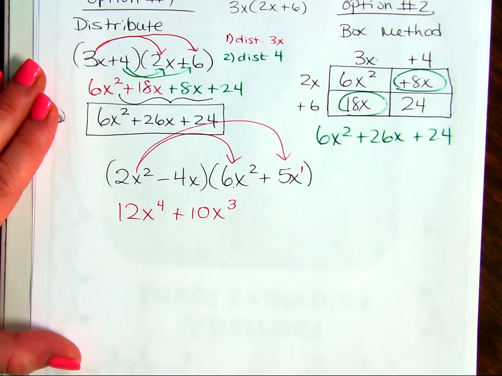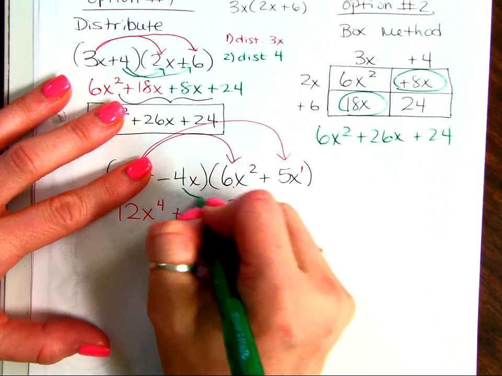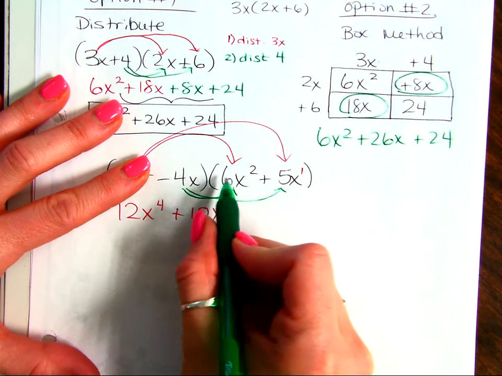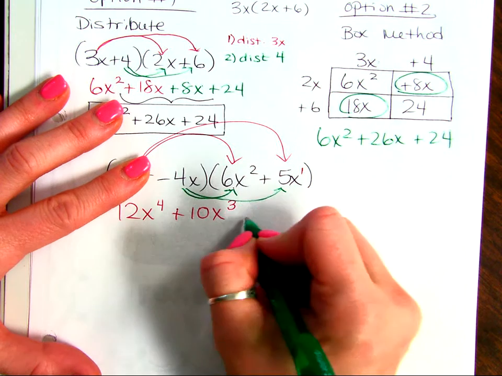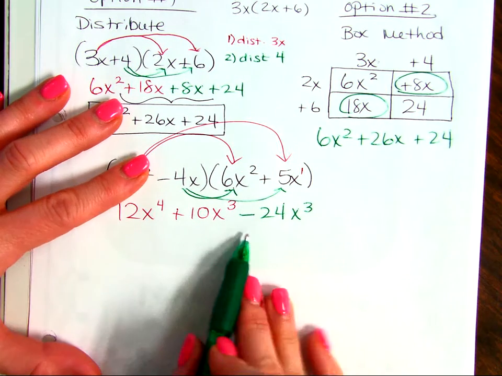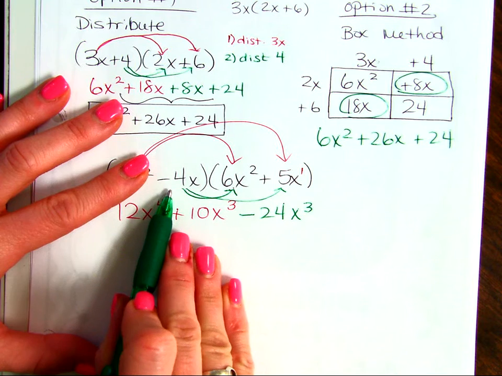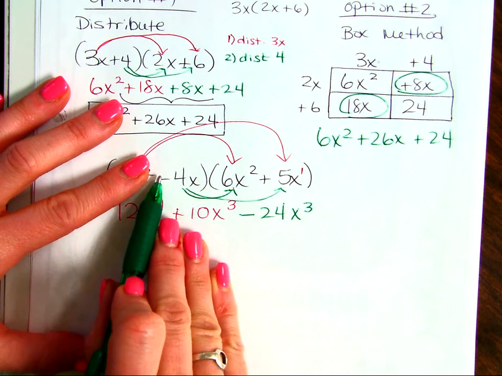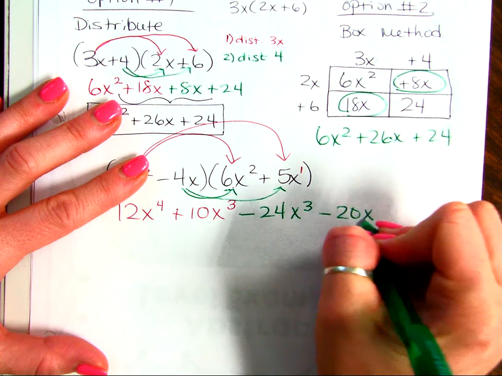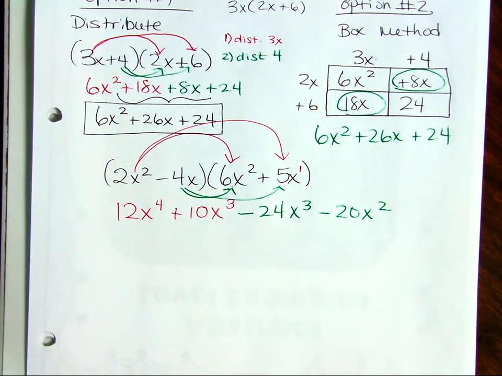Now, ignore that and distribute a negative 4x. Negative 4x times positive 6x squared is negative 24x to the 3rd. Do you have a negative there? Because it's a negative 4 you're distributing. And then negative 4 times positive 5 is negative 20x squared. Okay, so now I have to look to see if I can combine any like terms. Can you? Yep.